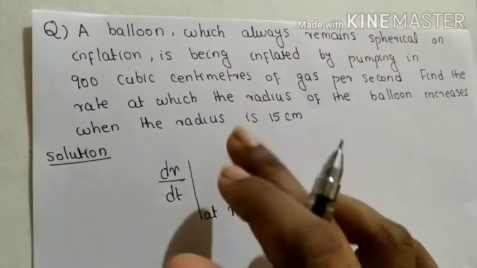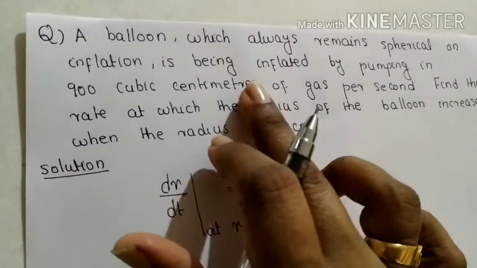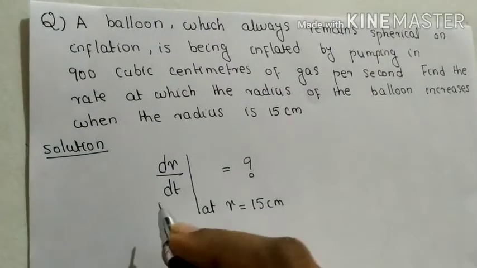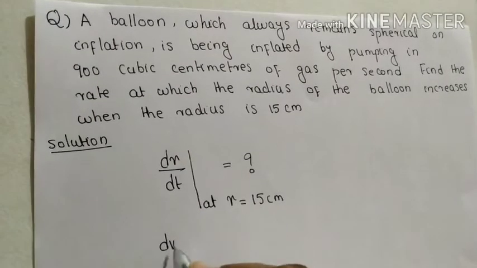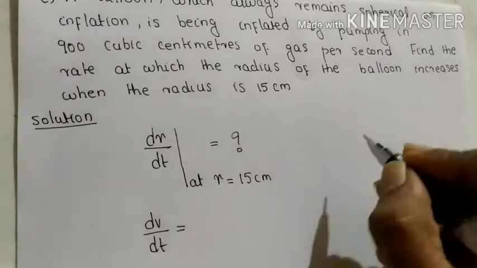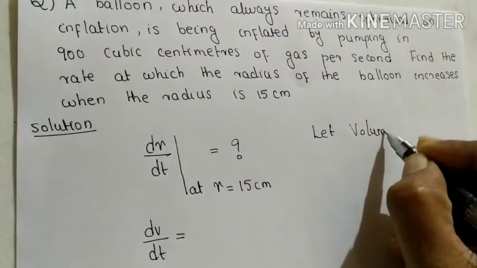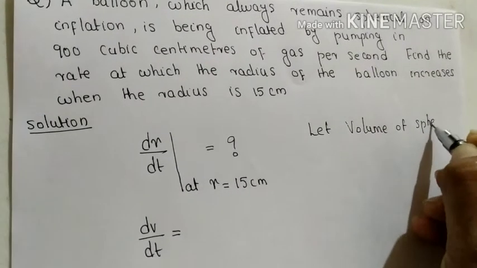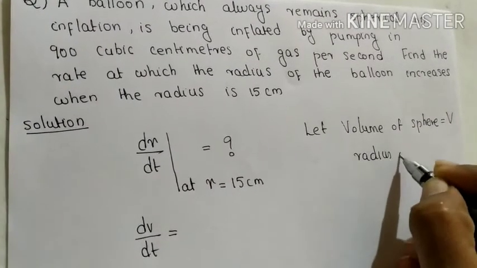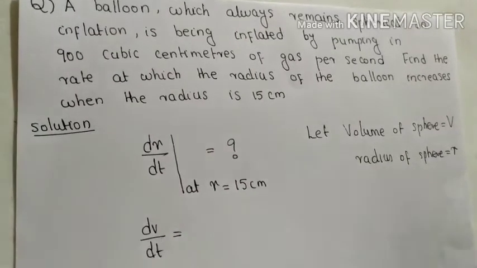Given that the rate of change of volume with respect to time is 900 cubic centimeter per second. So first I am going to write: let volume of sphere be V and radius of sphere be r.